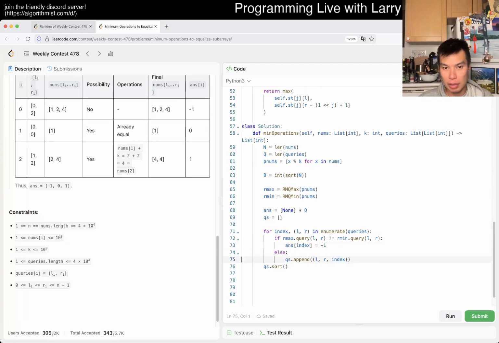So then now we just sort by L, right? Okay, well, yes, but actually we do want to maintain the index. So this is the sort. We could probably clean it up, but that's maybe okay.